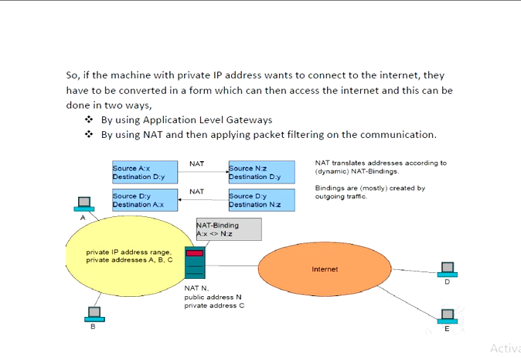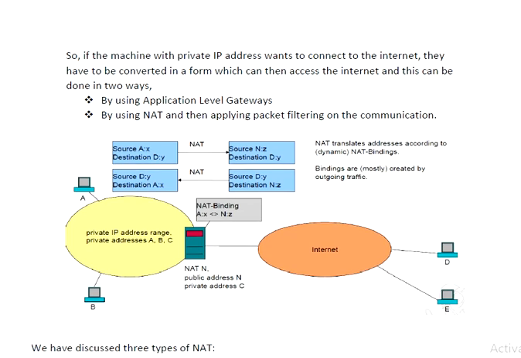You can see in this figure that if a machine from the intranet, let's say A, with port X wants to communicate with some destination D with port Y on the internet, in that case NAT will translate this private IP address to a public IP address N, and then there will be a NAT binding of AX with NZ, and then it will send it to D, with port Y.